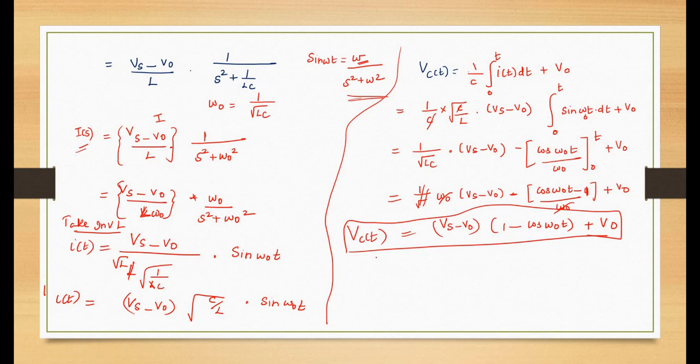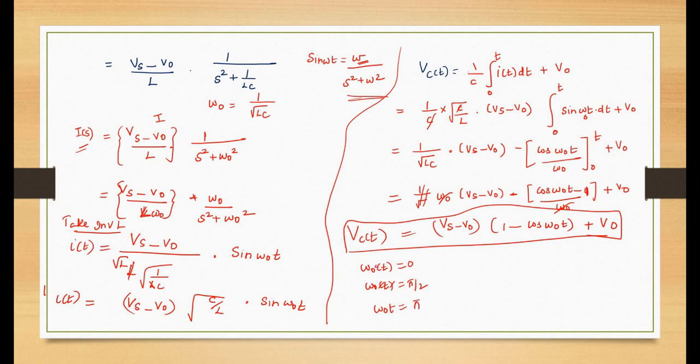In this equation, I am going to find out the value when omega naught t equal to 0, omega naught t equal to pi by 2, and when omega naught t equal to pi.